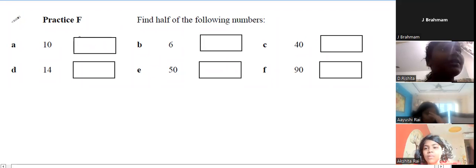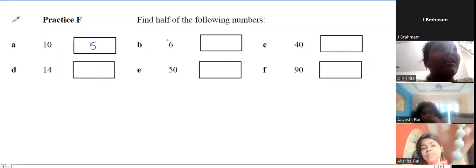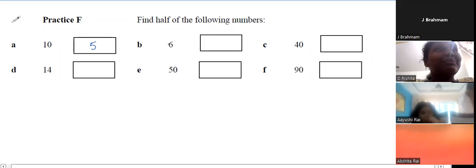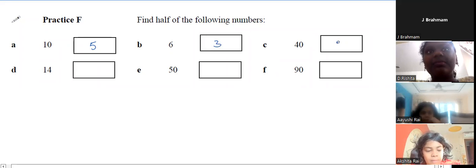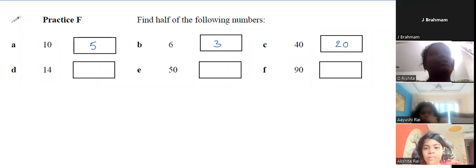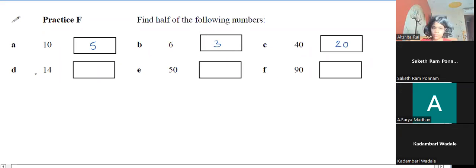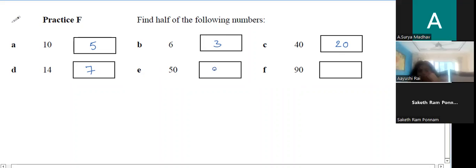Half of 10 is 5. Aishi, half of 6? Akshita, half of 40? 20. Saket, half of 14? 7. Surya Madhav, half of 50? 25.